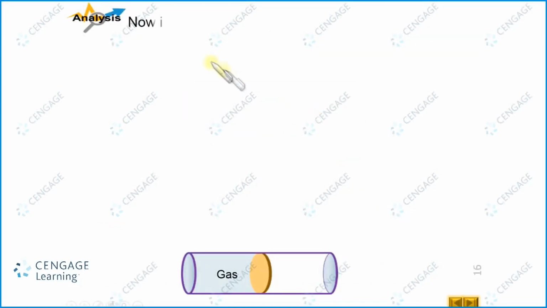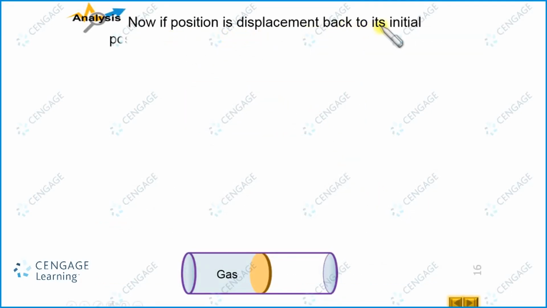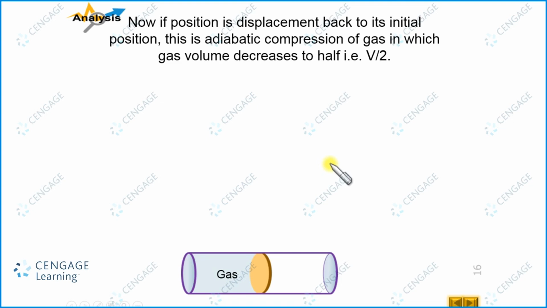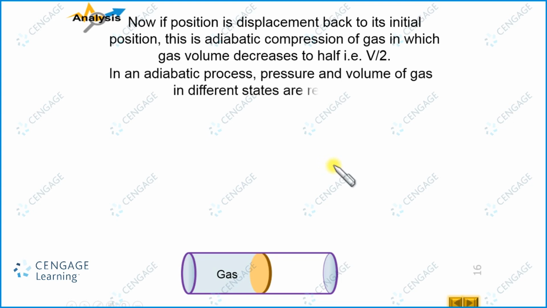Okay, as we discussed, we are displacing the piston back to the initial position, and we know the walls of this cylinder are adiabatic. That means this is the adiabatic compression. If this is an adiabatic process, we can relate pressure and volume by the expression PV to the power gamma equal to constant. So here we can write P1 V1 to the power gamma equal to P2 V2 to the power gamma.